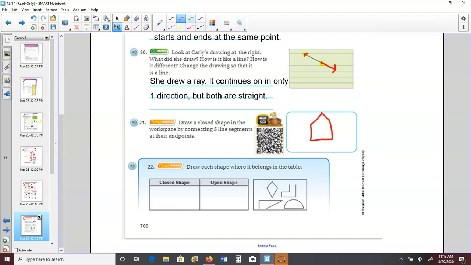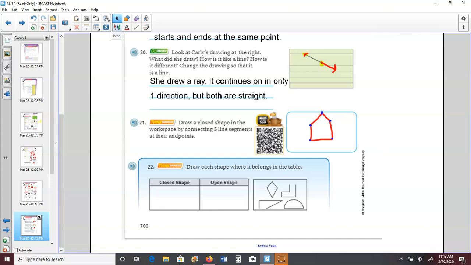To me, it kind of looks like a house. Here are the segments, and I know it's kind of hard for me to draw this on the computer using my mouse, so bear with me. But there are 5 straight lines that connect and close up that shape. So a typical house, so to speak, makes a 5-sided shape.